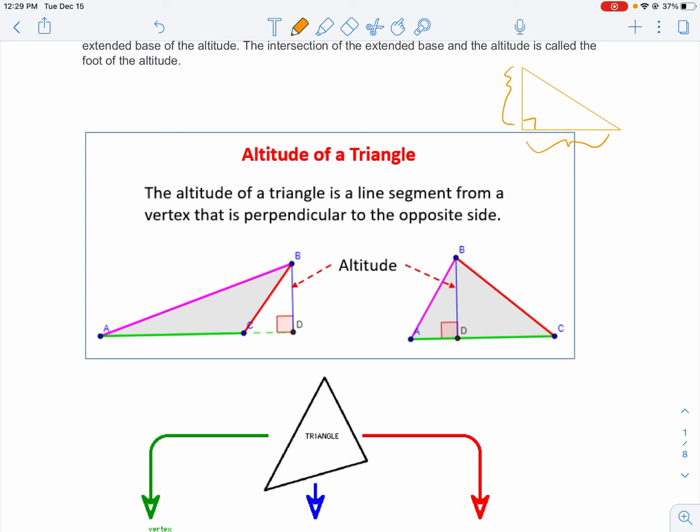Again, how do we know? Because these two sides are perpendicular to each other, so either one of those can be used as the height. So just keep that in mind for down the road here.